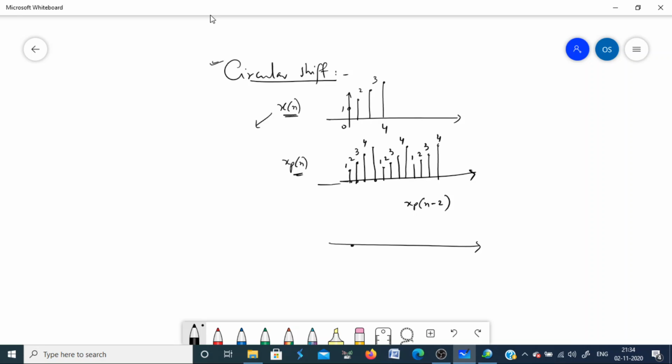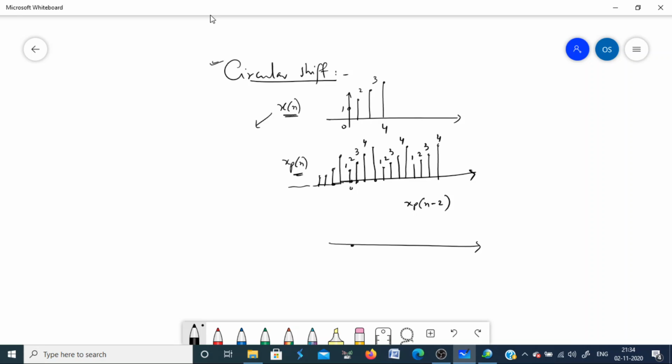Since it is periodic, at minus 1 it will be again 4, then 3, then 2, then 1, and so on.